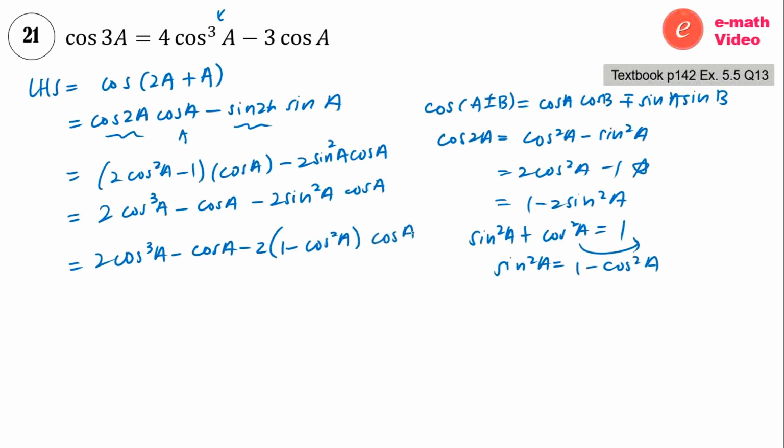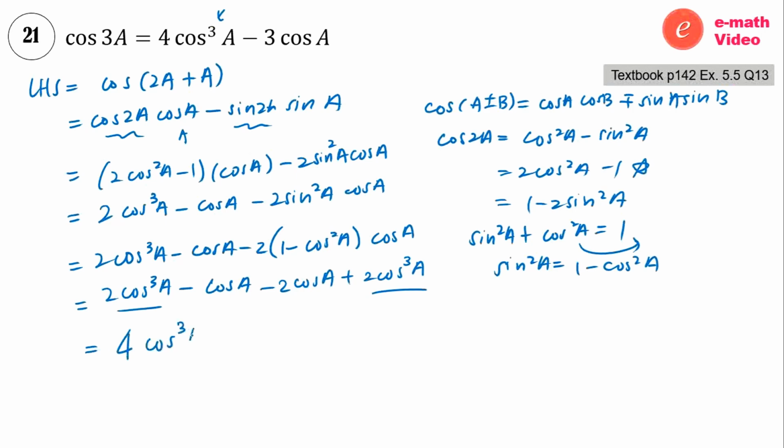You see, we will get another 2 cos cube a, which is what we want. Right? So 2 cos cube a minus cos a minus 2 times cos a, minus minus becomes plus 2 cos cube a. This one and this one put together, we will have 4 cos cube a, minus 1 minus 2 becomes minus 3 cos a. Proven.